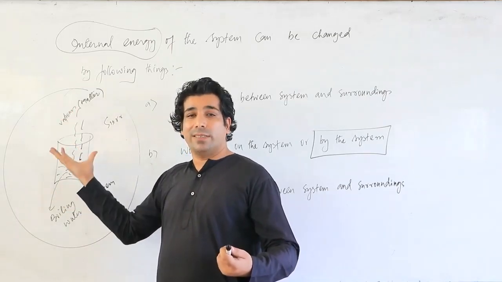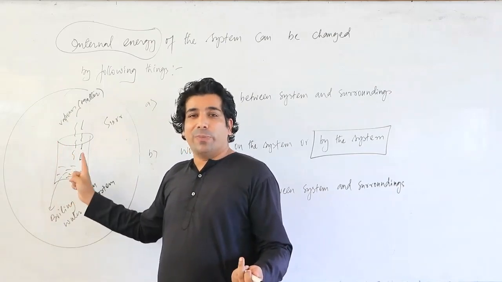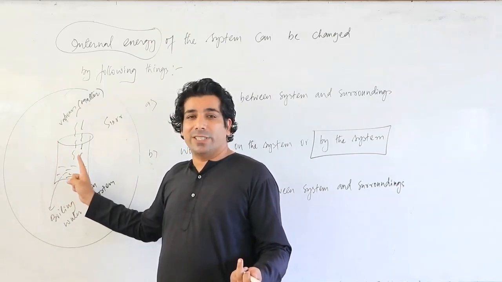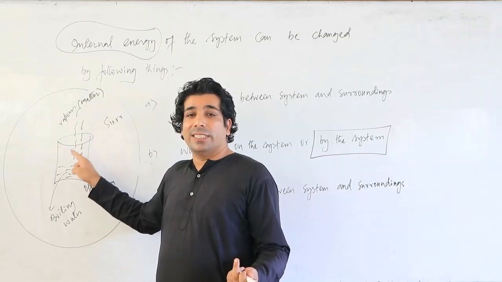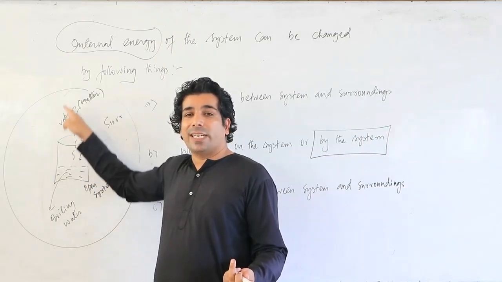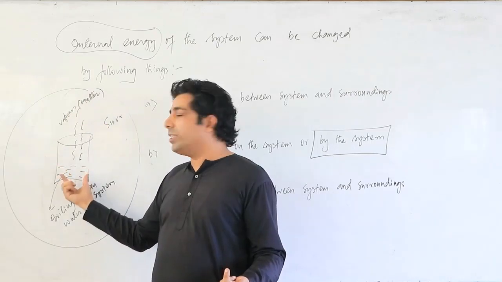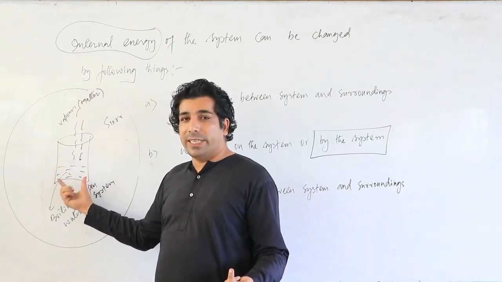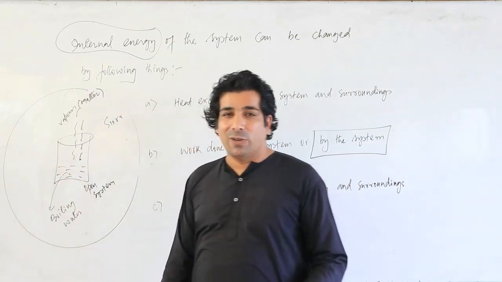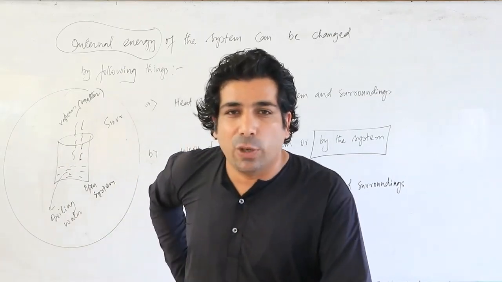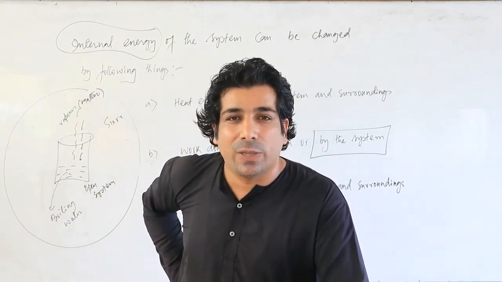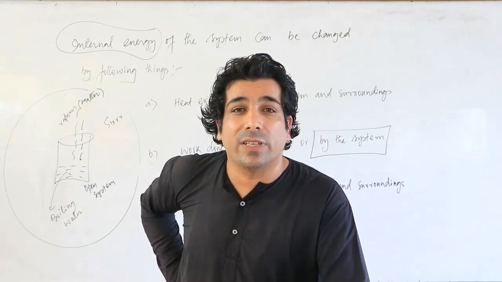Vapor is a matter, it's water vapor obviously. System is losing the matter and surroundings is gaining the matter in the form of water vapors. So the quantity of the water in the open system will decrease. When quantity of water in the open system decreases, then what happens? Its internal energy will also decrease.